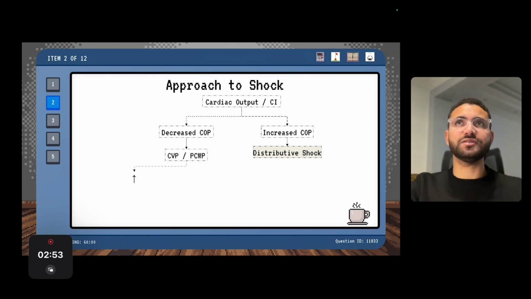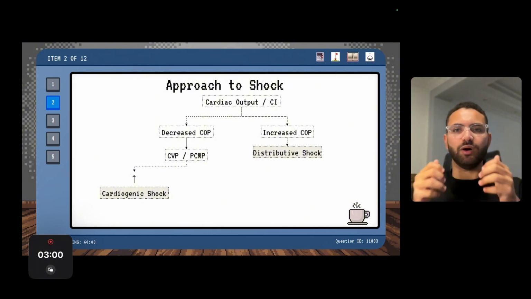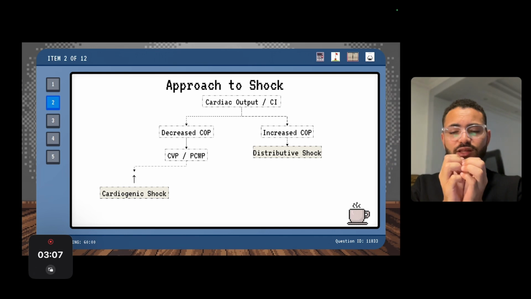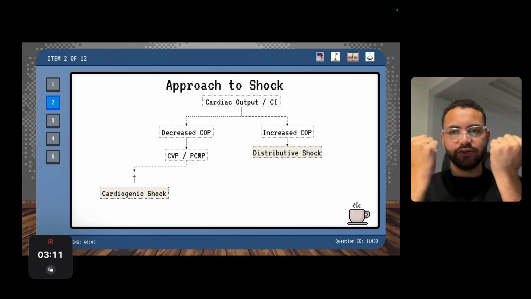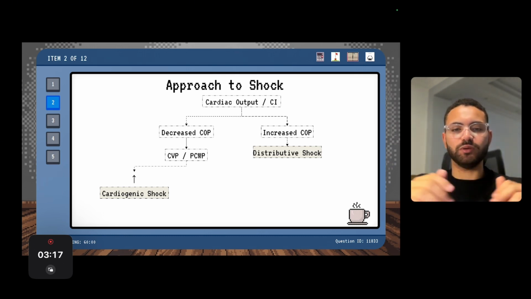If they are increased, we are going to have a cardiogenic shock. Imagine that cardiogenic shock is a pump that's failing to pump the blood. So of course the blood will accumulate inside the chambers, increasing the stress forces towards the wall, so the pressures will be high.